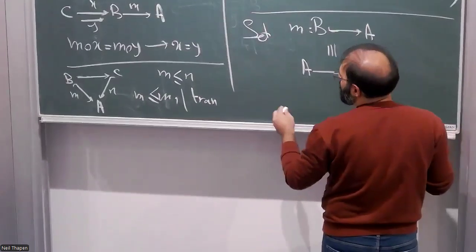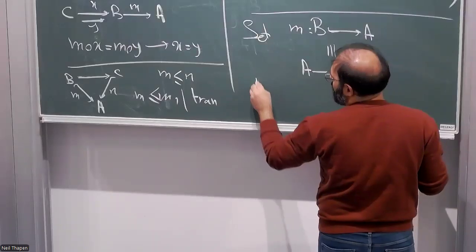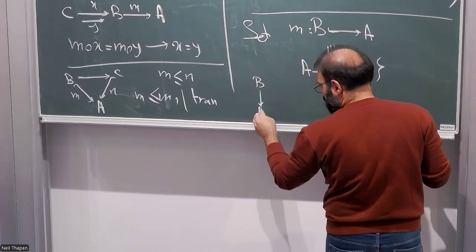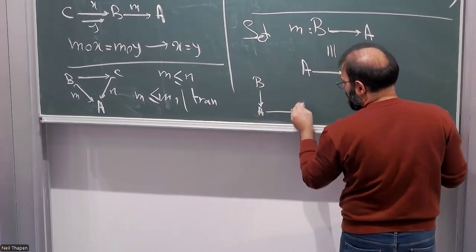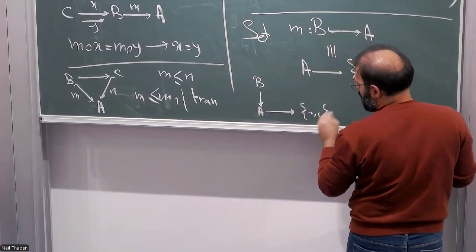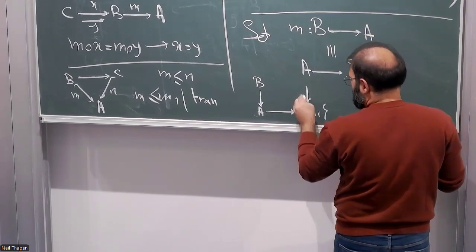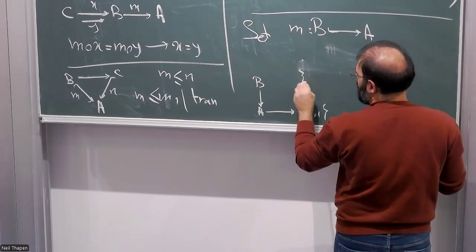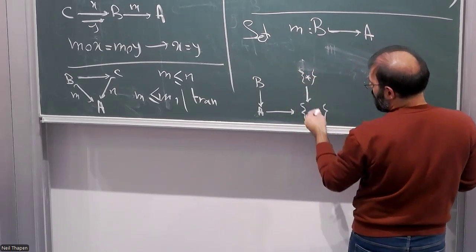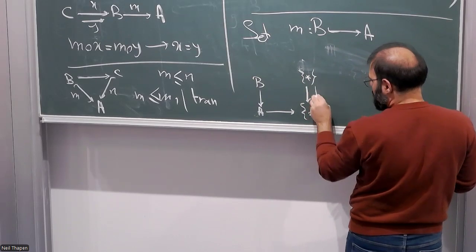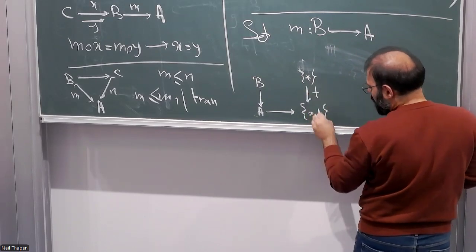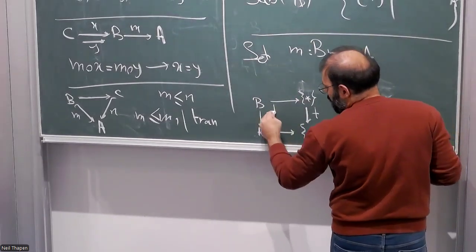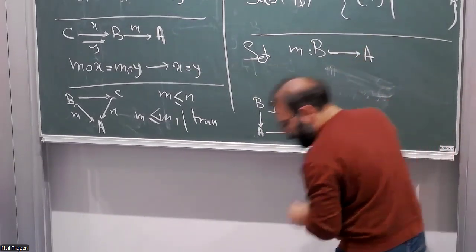Here it is. For B to A, there exists a map from A to {0, 1}, and also from the singleton to {0, 1} there is a map, called T, that picks 1, the truth, such that this square is a pullback. And this map is unique with this property.